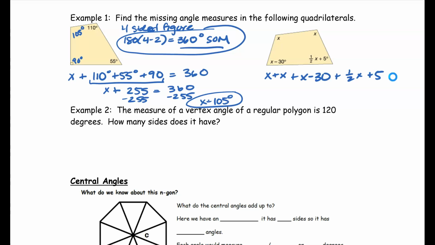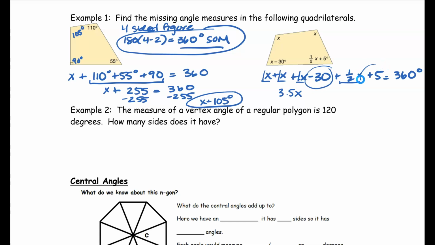So I'm going to add all of these up and set them equal to 360. Now in this case, I've got a couple variables in different locations. So anywhere I have an x, those are all like terms, I'm going to combine those. So I've got 1x, 2x, 3x, and a half. I'm going to write 3.5x. I think that'll be a little bit simpler.